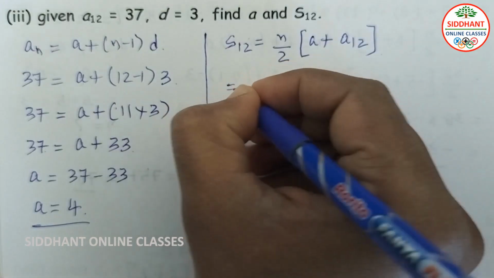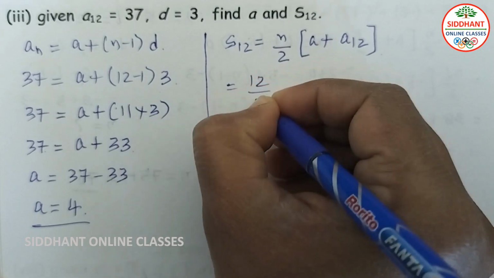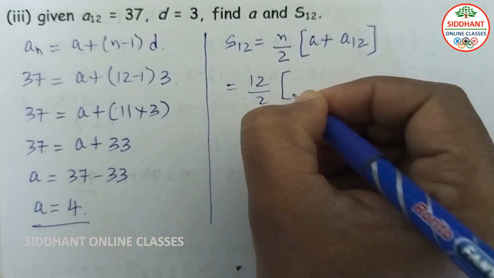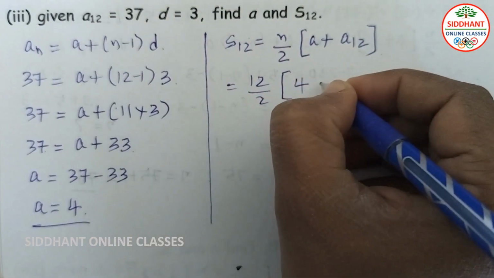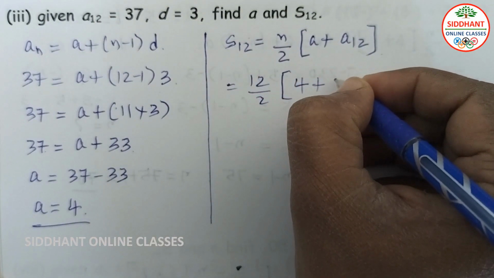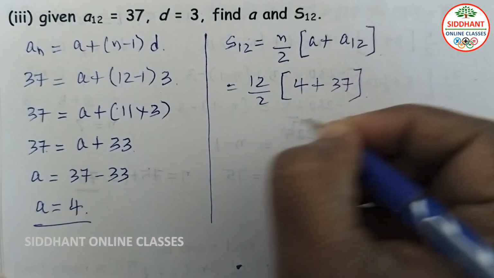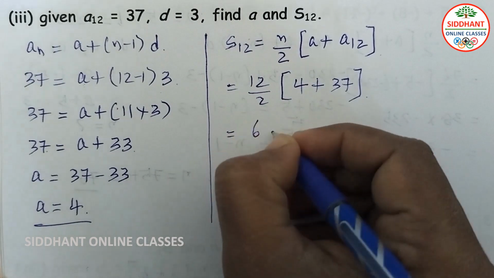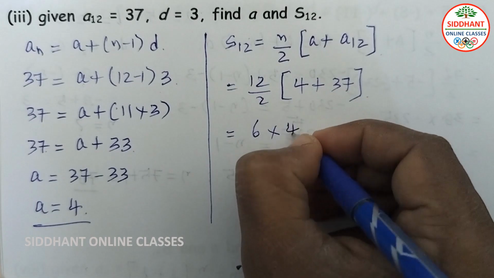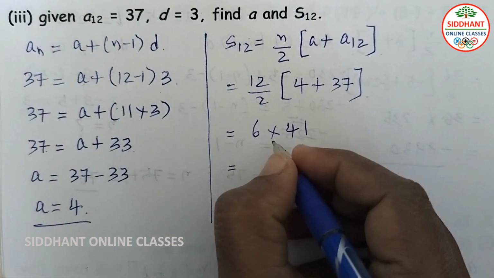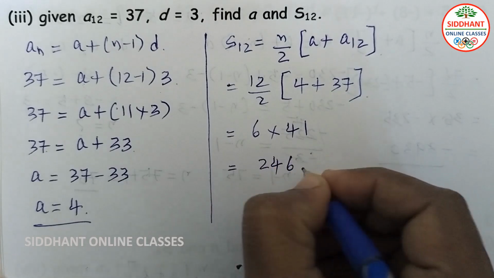Now S12 equals n, which is 12, by 2 into a, which we found as 4, plus a12, which is 37. 12 by 2 is 6, into 4 plus 37, which is 41. So 6 into 41 will be 246.